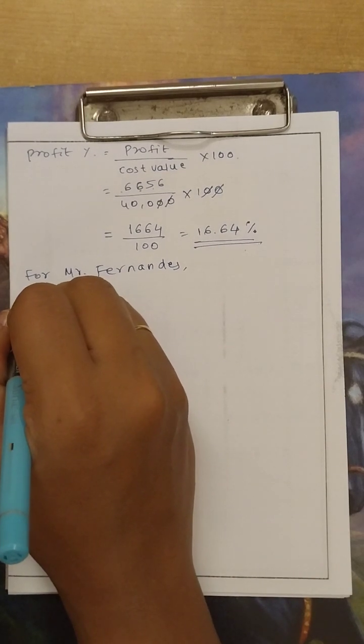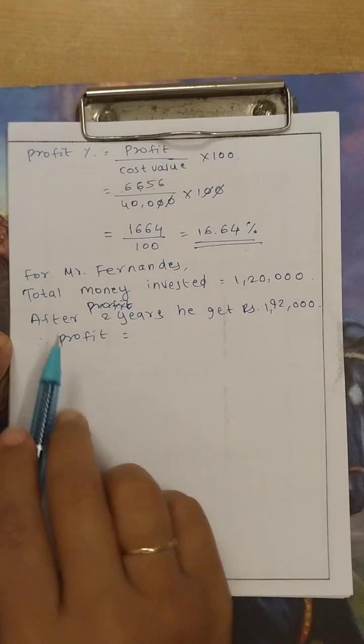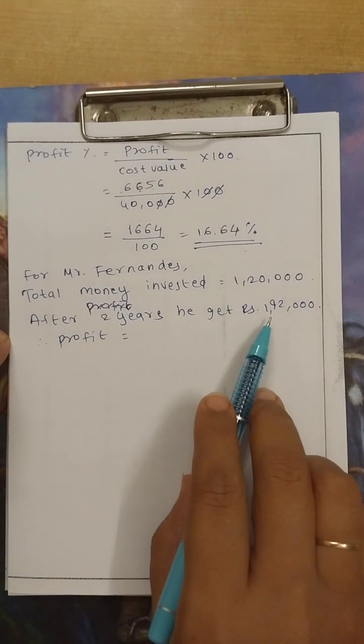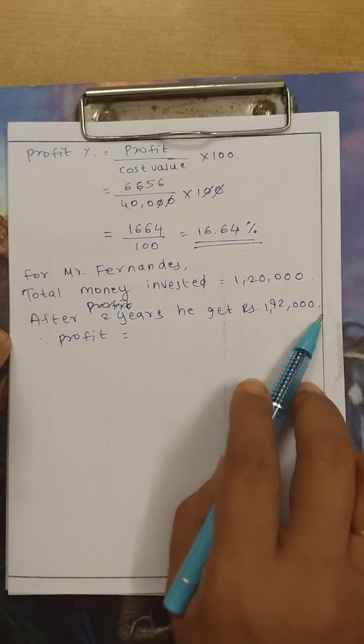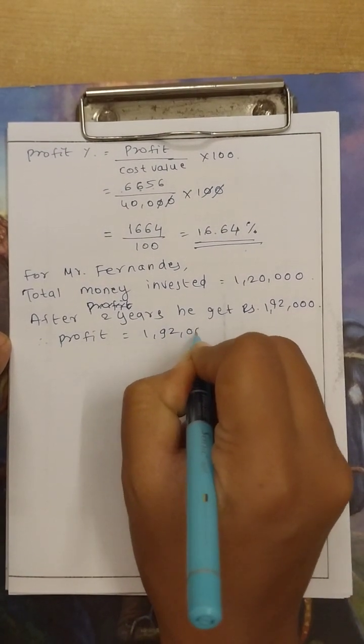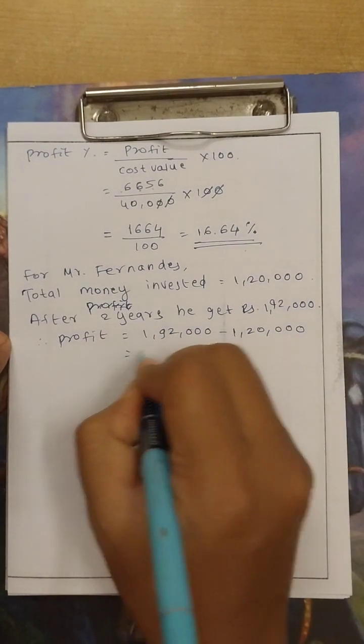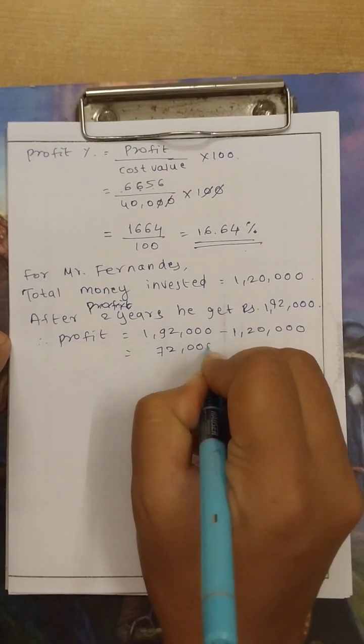Total money he invested is 1,20,000. After 2 years, Mr. Fernandez get rupees 1,92,000. So what is profit? 1,92,000 minus 1,20,000. Therefore, the profit is 72,000.